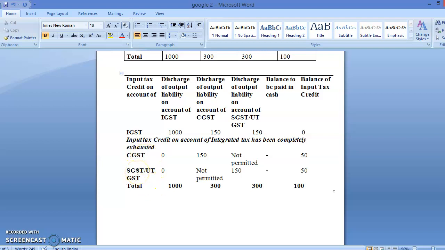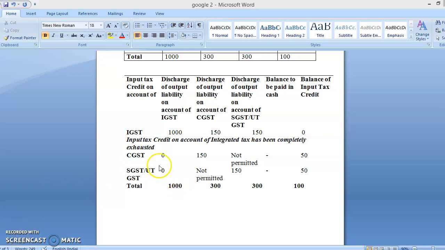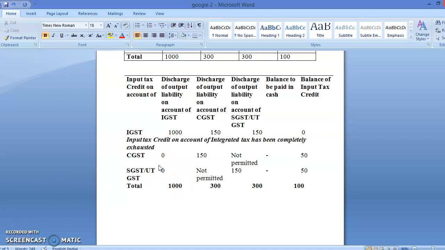Then SGST. Out of CGST credit available 200, I have paid 150 and the remaining 50 credit is balance. You can see here.